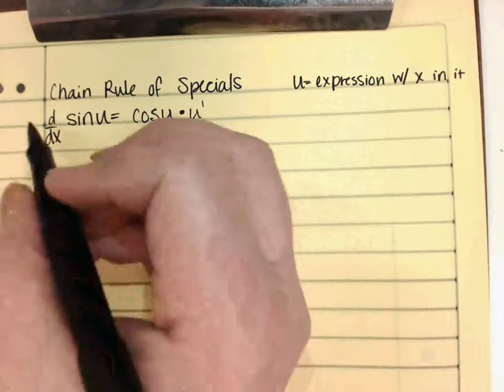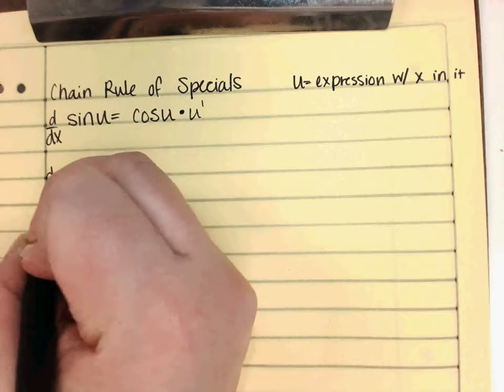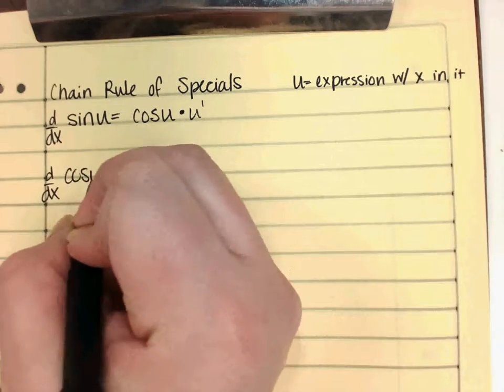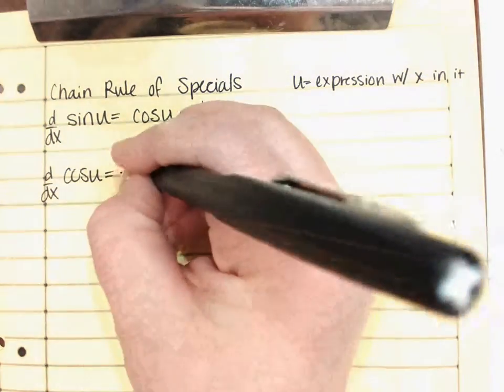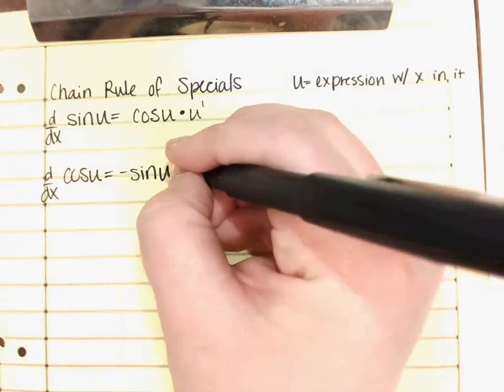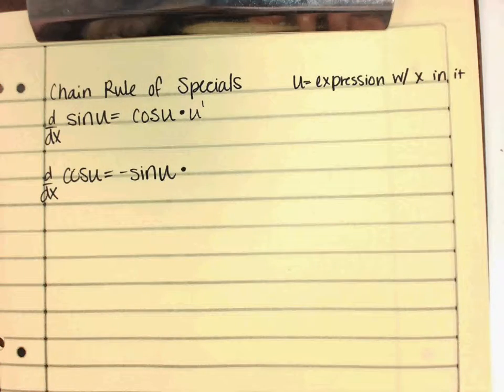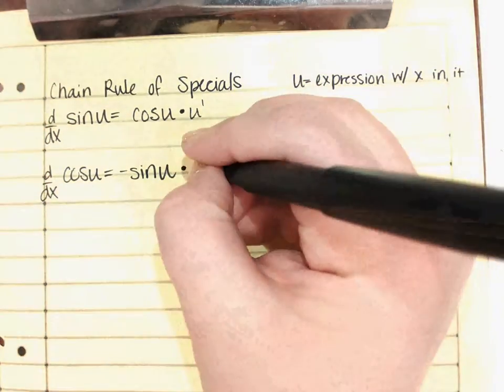Okay, now let's do it for cosine. d dx cosine u. Remember, u is just a function with an x in it. I'd take the derivative of cosine, what is it? Negative sine, and remember, my core stays the same. My u is still the middle. But then I'm going to multiply by the derivative of the middle, which is called u prime.